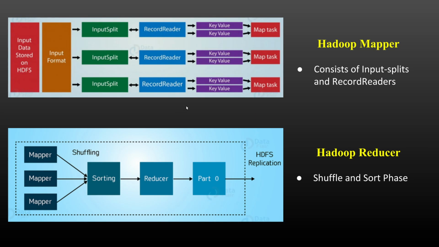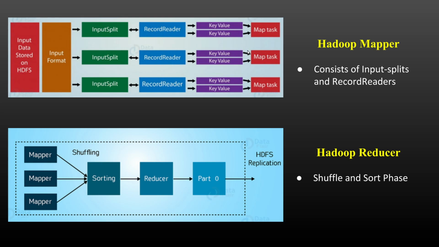The input split we have used divides data into 64 MB chunks, which is the default configuration. This data is passed to the record reader, where data is read line by line and key value pairs are generated. This output of the mapper phase is called intermediate output.